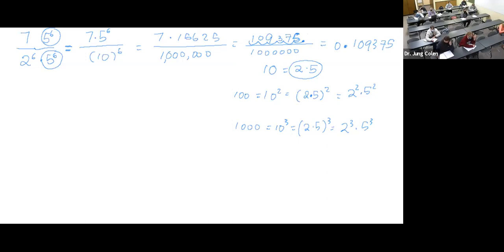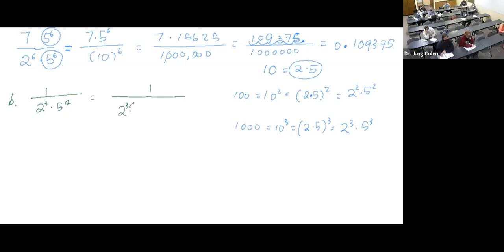Okay, let's look at the next one. You have 1 over 2 cubed times 5 to the 4th power. Any idea? Can we change this to 2 cubed?